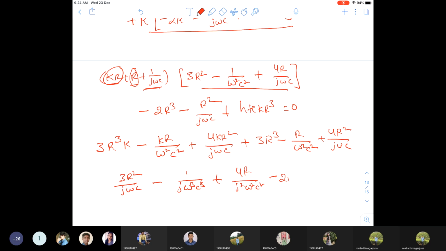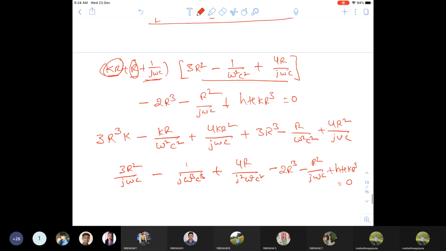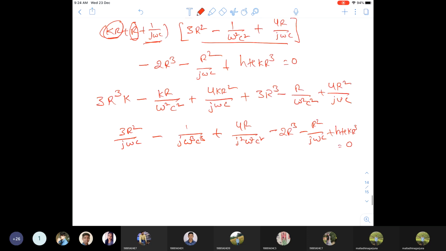Next, the remaining term: minus 2r cube minus r square by j omega c, plus hfe kr cube equal to 0. I just expanded the equation by multiplying all the internal terms. Okay, this is clear. Now we can simplify the equation.